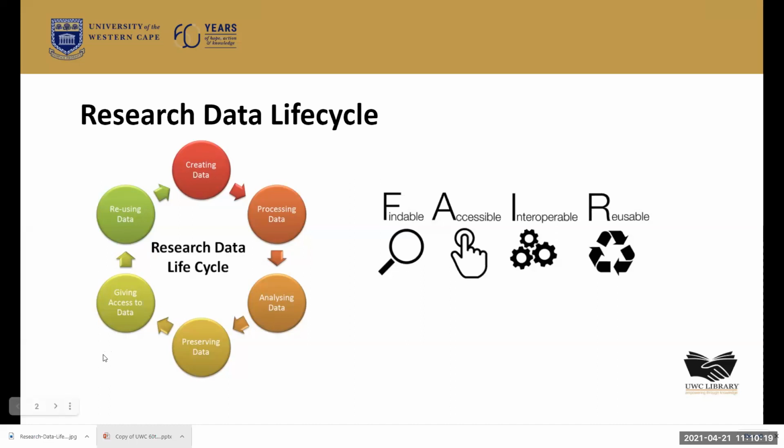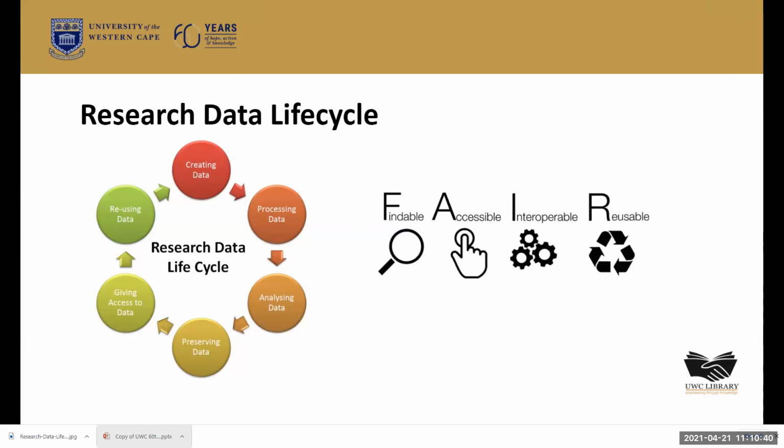The life cycle of the research data is creating or collecting research data at the beginning of the process, processing it, analyzing it, preserving the data, providing access to the data, reusing it, and then creating data again from the beginning. The data lifecycle is intricately linked to the research lifecycle.